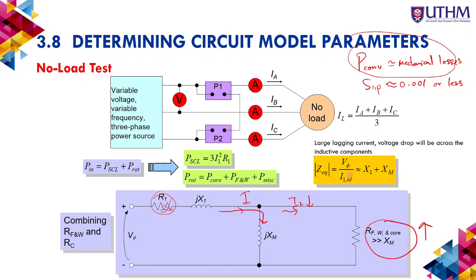The I1 over here is the average current in the three lines, and the voltmeter over here reads a line voltage, so we need to convert to the phase voltage. What we get for the inductance is equivalent to X1 plus XM, only this part and this part.